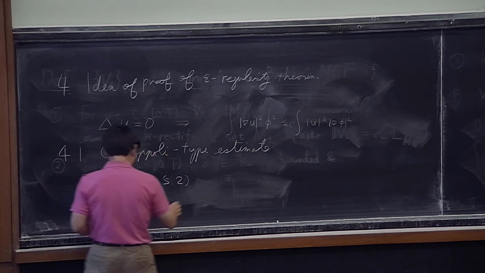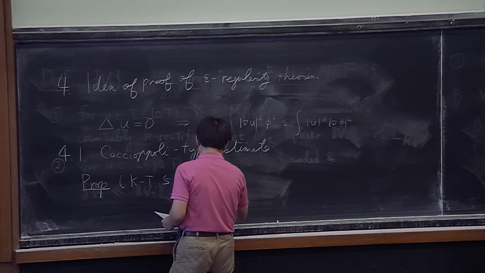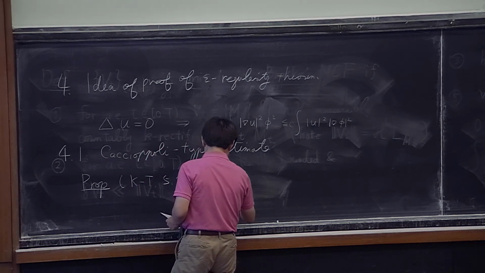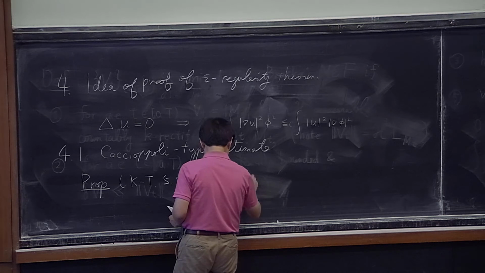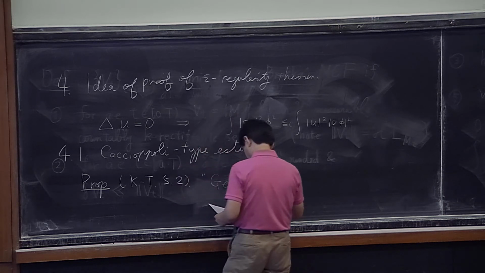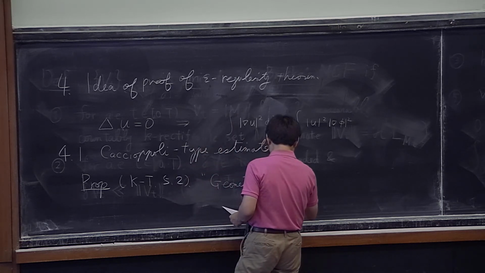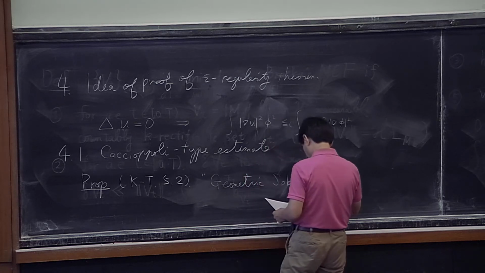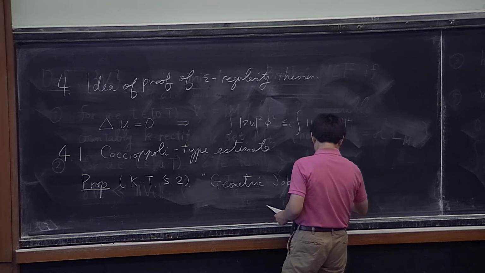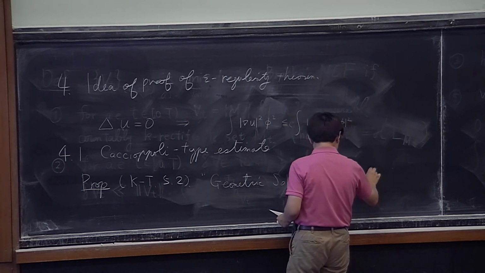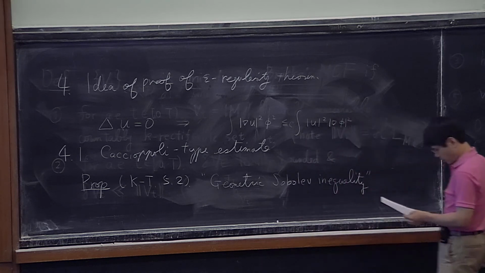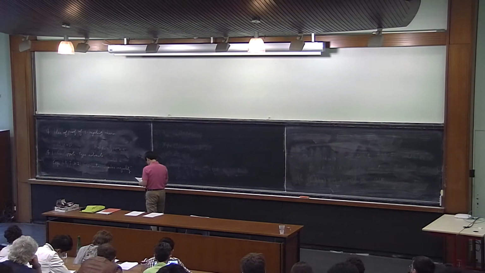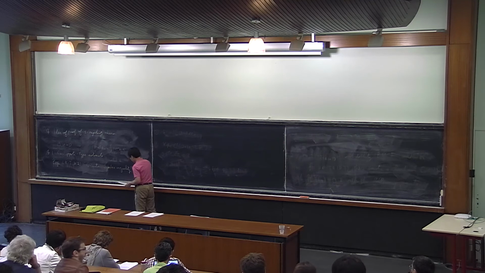This is more like a geometric Sobolev inequality. This is implicitly written in Brakke's monograph, even though it's kind of hard to see where it is. It's in that book, and I think there are some interesting geometric things here.